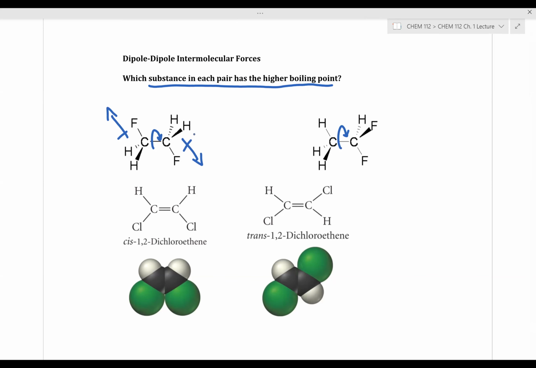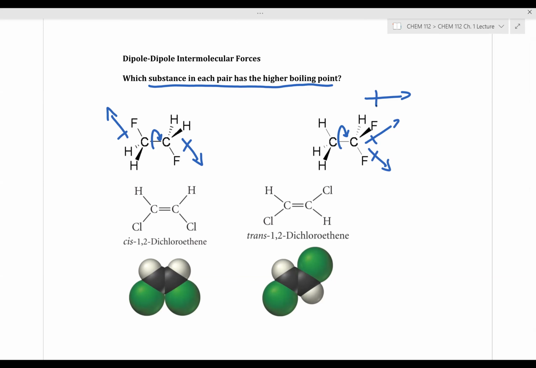If we compare that to when both of our fluorines are attached to the same carbon, no matter how much we rotate our carbon-carbon bond, are both of our dipoles aligned in the same direction in the second example? Yes.